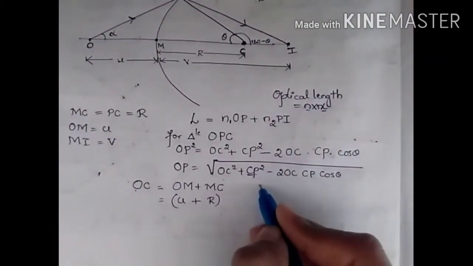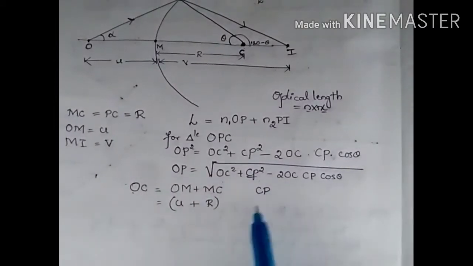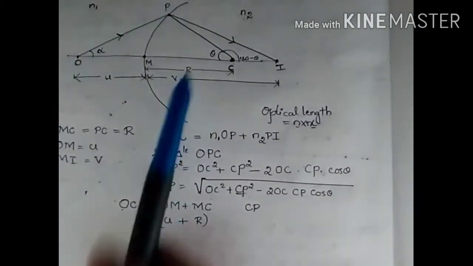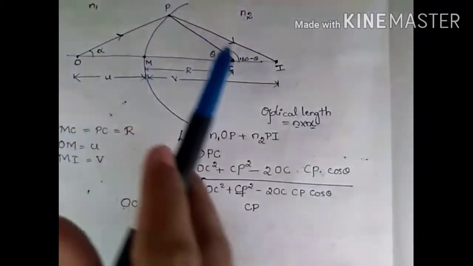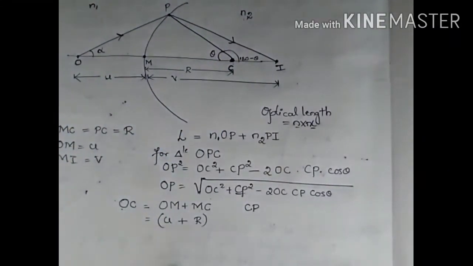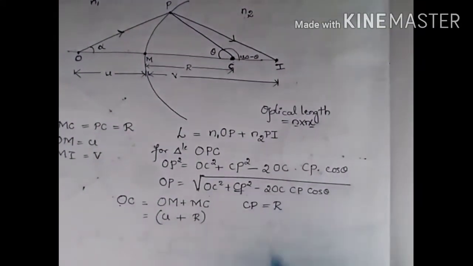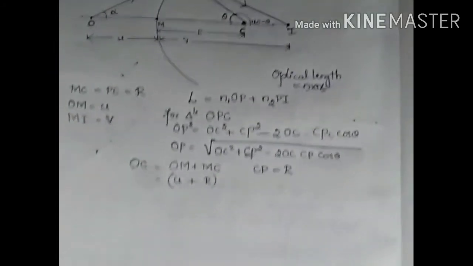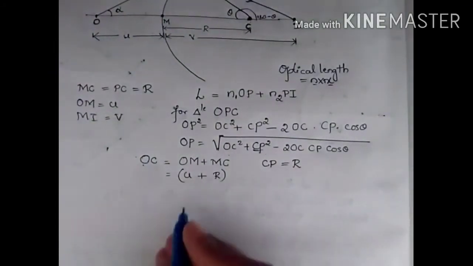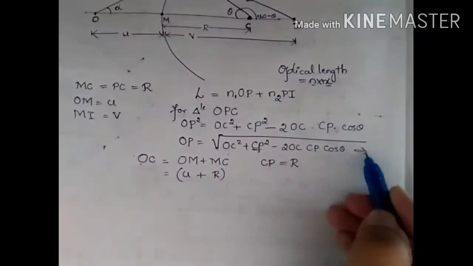Next term is CP. So where is CP? CP is here. CP is again just R, the radius of the sphere. So substitute these values in this equation.